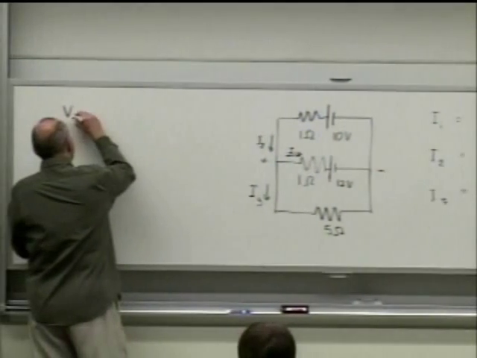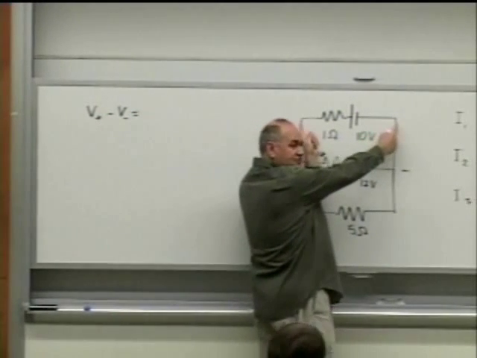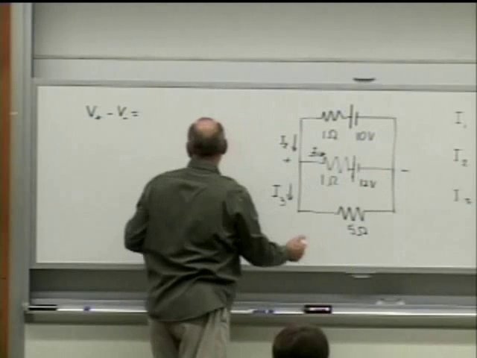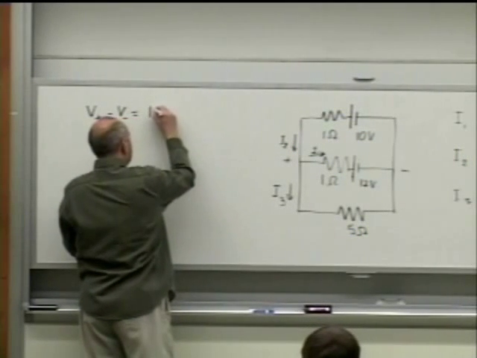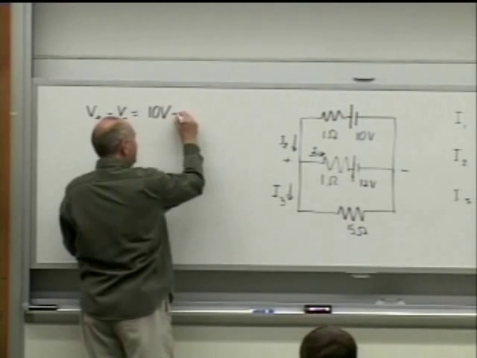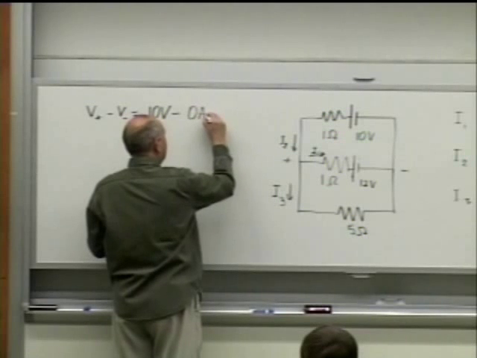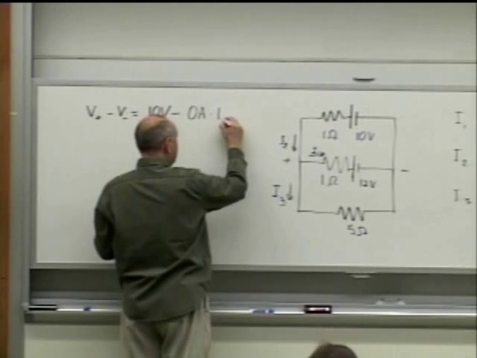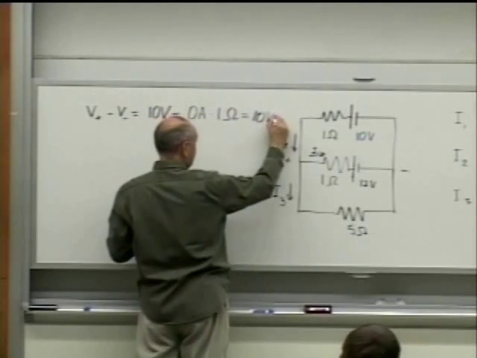So V plus minus V minus. If I consider this battery, I should take the electromotive force and subtract the product of current and internal resistance of the battery. So I'm going to get 10 volts.